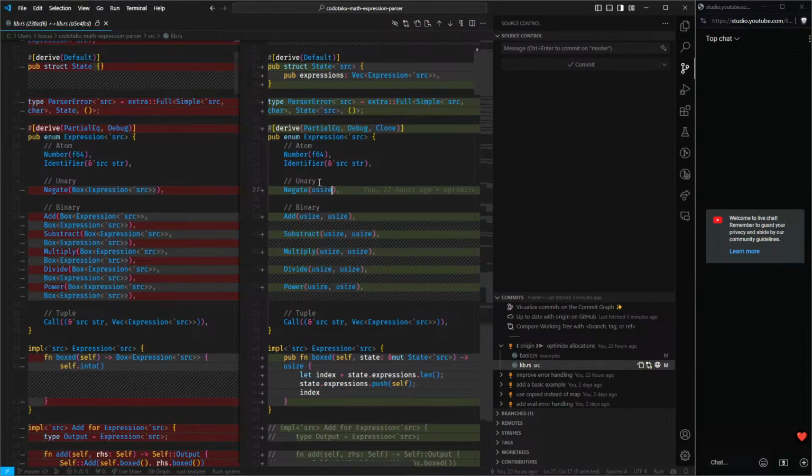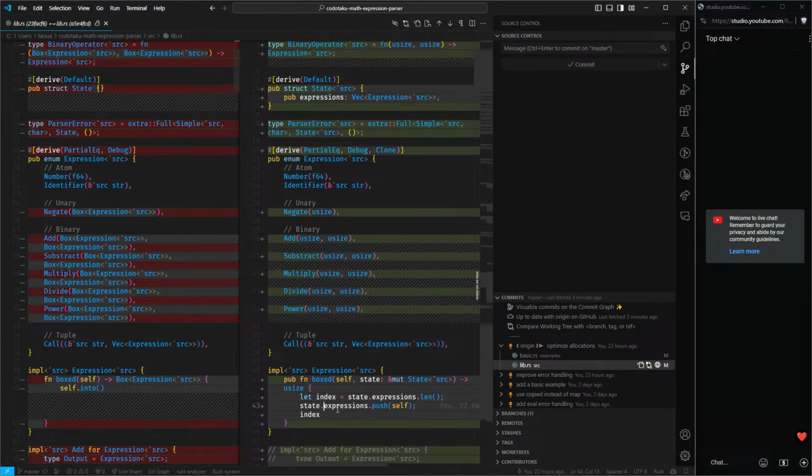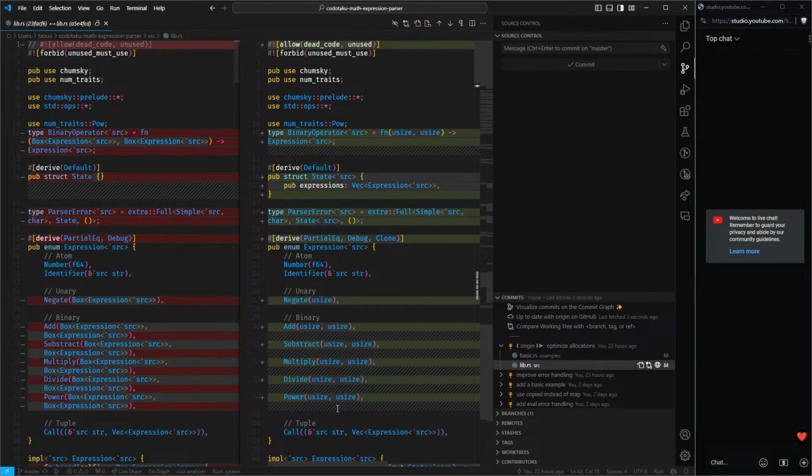When I want to allocate a new thing, instead of boxing it, I take the current index of the vector, I push self, I consume it and push it into the vector, and then I give back the index to refer to it. So I basically sidetracked the borrow checker. I'm not sure if it's a flaw of the borrow checker or a skill issue on my side, probably a skill issue on my side.